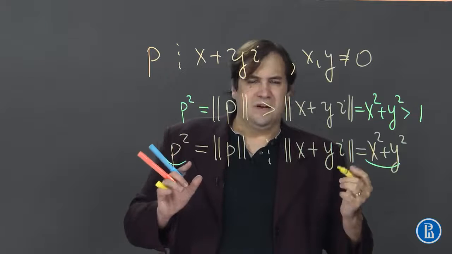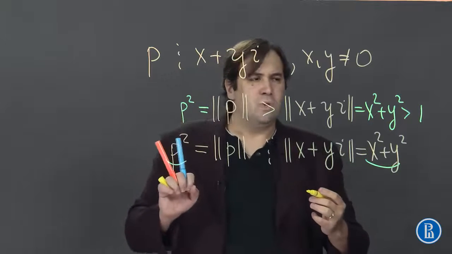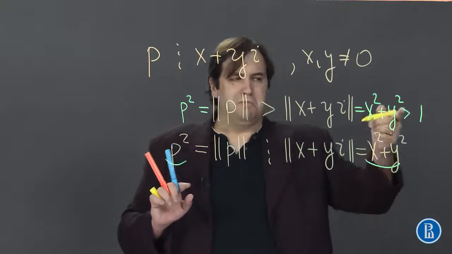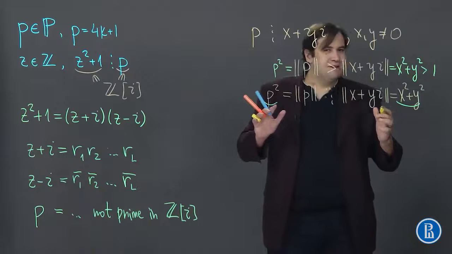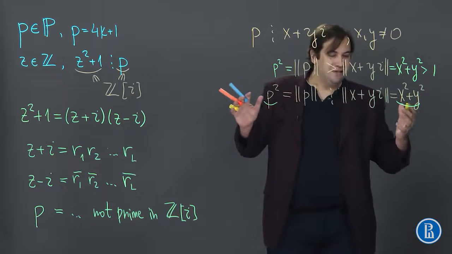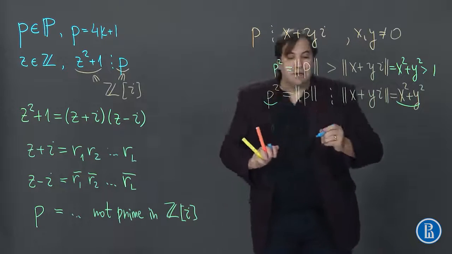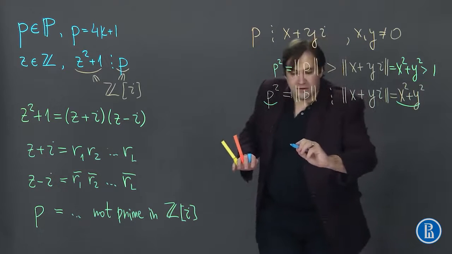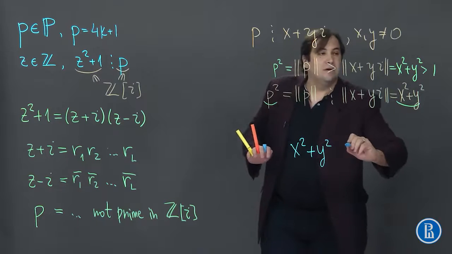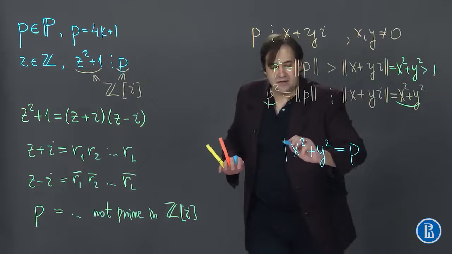Okay, so we have an integer, prime integer p, whose square is divisible by some integer which is greater than 1 and less than p squared. It's obvious that the only way this could happen is if x squared plus y squared were equal to p itself.